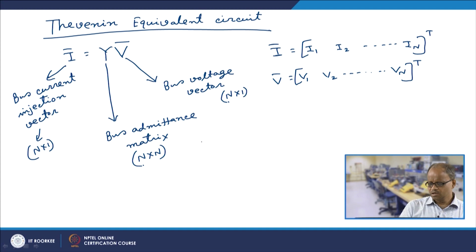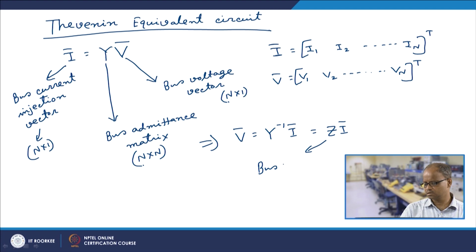Now from this we can write V is equal to Y inverse into I, or in other words V is equal to Z I, where Z is what we call the bus impedance matrix.